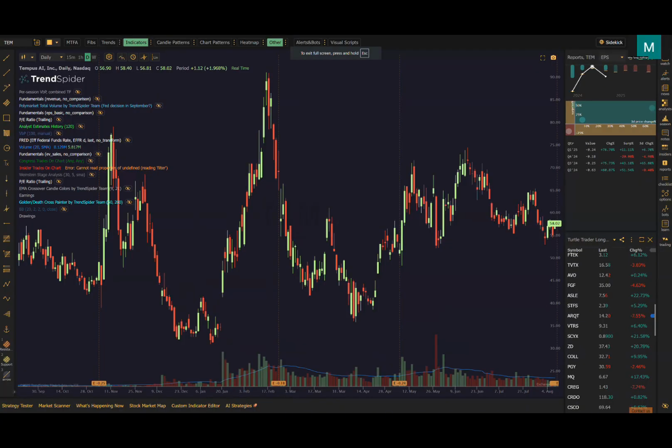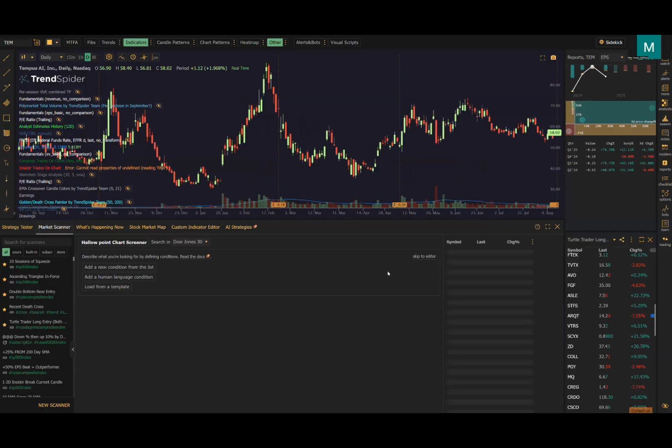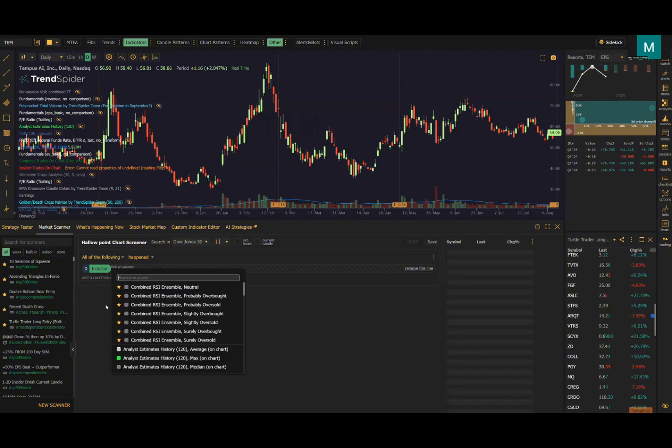But yeah, I think that's pretty much it for indicators. And just keep in mind, with custom indicators that you make, you can use the parameters in the strategy tester and market scanner. For example, our golden cross indicator will appear right here, the golden/death cross candle painter. And as you can see, we'll have the golden cross bullish parameter in there.